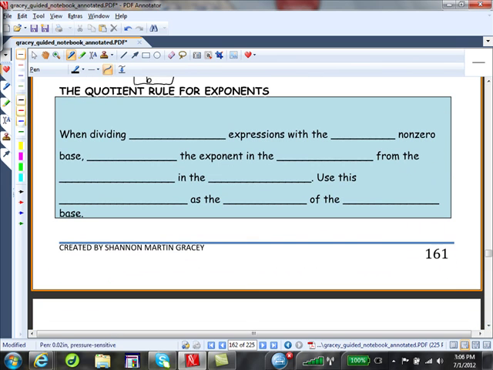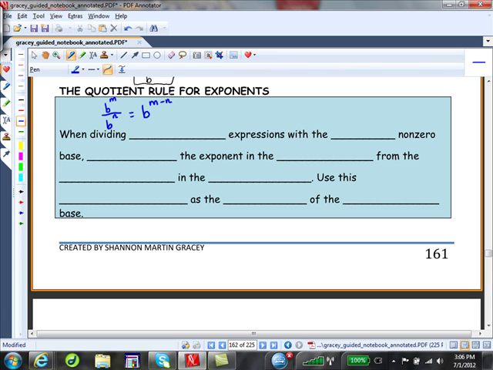The quotient rule for exponents. If you have b to the m divided by b to the n, that is equal to b raised to the m minus n.